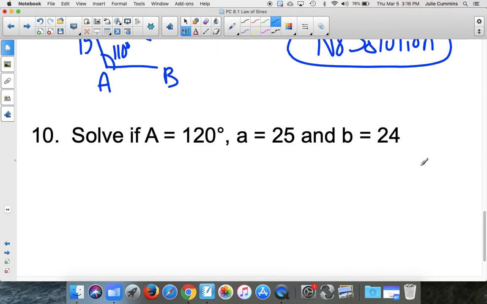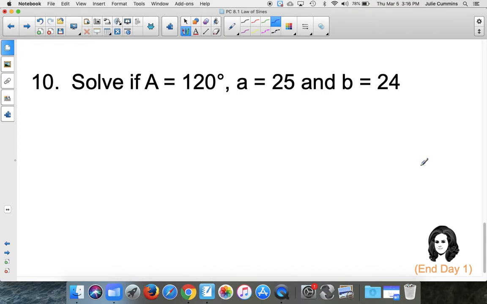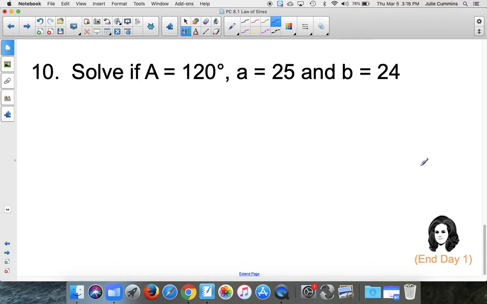All right, let's check out this last one for today. We want to solve this if angle A is 120, A is 25, and B is 24. So start with angle A. It's 120. Put B over here. So this guy over here is 24.